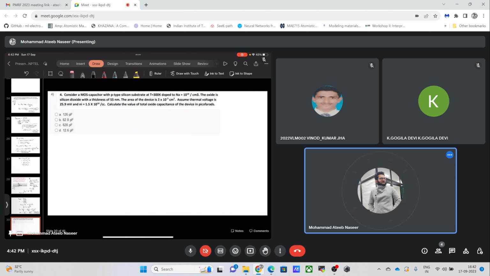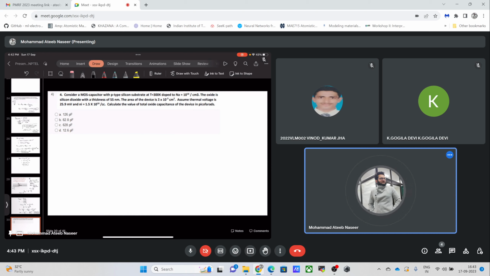Now we have another problem which is related to this MOSFET. Again it is a p-type silicon substrate. In this lecture we previously saw that we can use an n-type substrate, how we can solve for it, and how we can obtain the different interface band bendings.